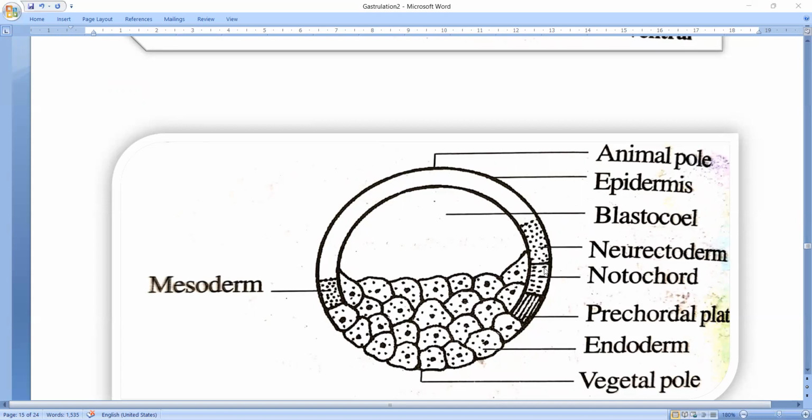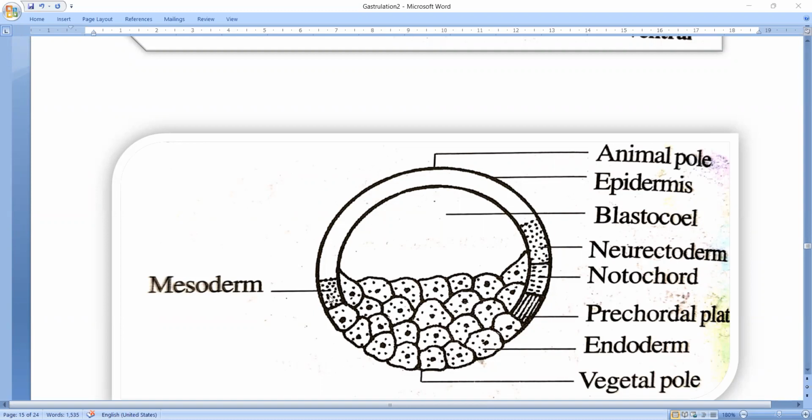In the earlier period, the notochord is continuous with the neurectoderm, and later the precaudal plate. Notochord and precaudal plate cells are present in the peripheral region or animal pole region. So before gastrulation, their position is like this, and here the mesoderm.